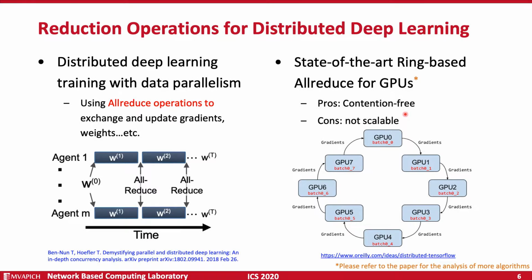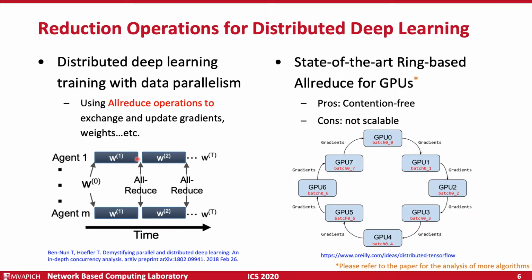So if you look a little bit closer at distributed deep learning, you probably will see reduction operation being used a lot, especially if you're using the data parallelism approach. So one example showing here is that if you're using multiple GPUs, each GPU is working on independent work, different data.